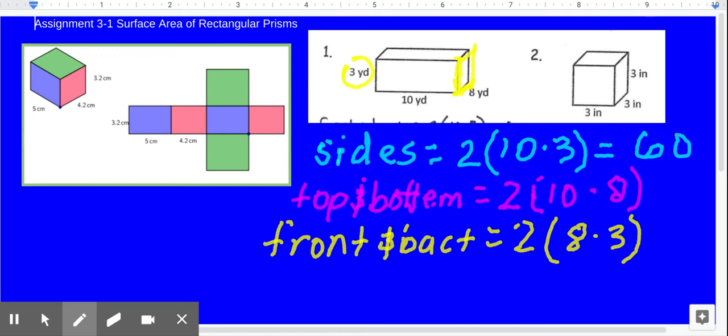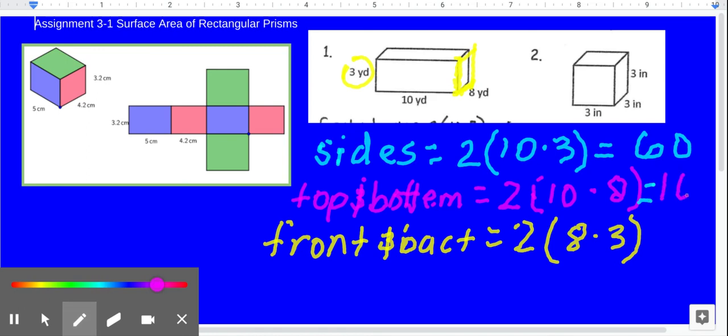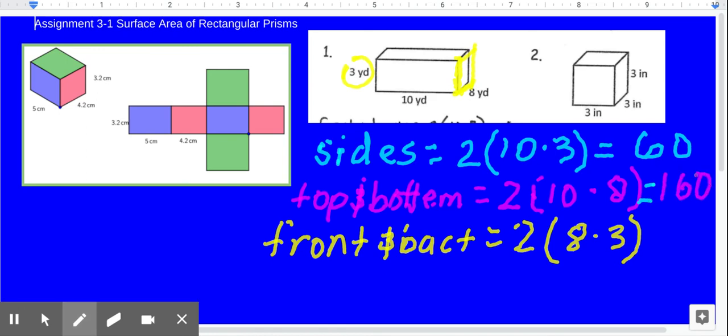And here I have 10 times 8, so that's 80, and I have two of them, so that would total 160. Well, let me keep my colors the same. 160. And then for the front and the back, I have 8 times 3 is 24, and I have two of them, so I have 48.